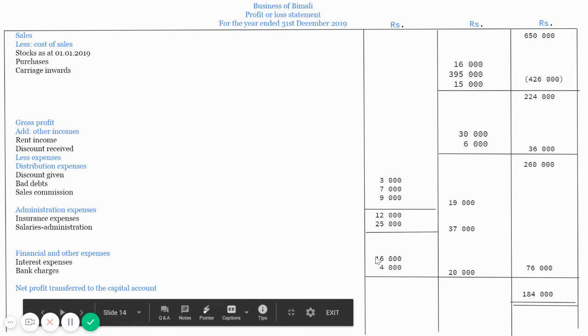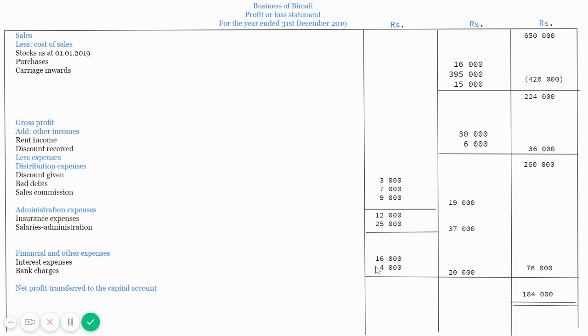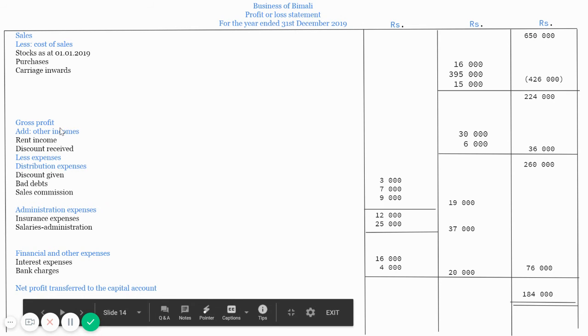Interest expense of 16,000. What I said was tricky is sometimes they said interest income. Interest income. So at that time you have to consider the word income is there. At that time you have to consider it as an other income. But in this case, they have clearly mentioned it's interest expense. So it's 16,000. Okay, done.